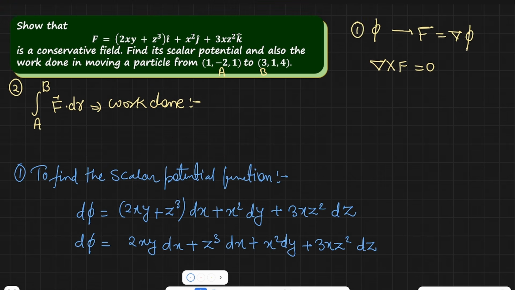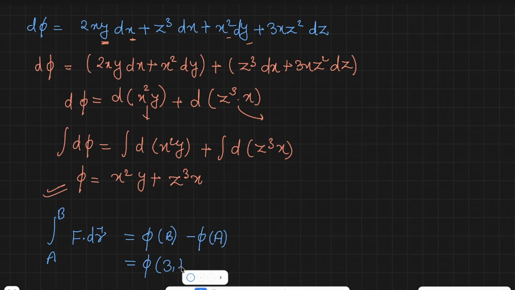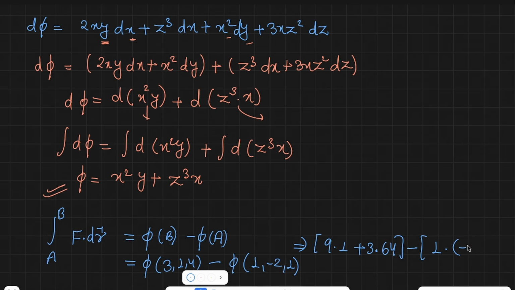So what is your b? It's 3 comma 1 comma 4, minus phi of this, which is 2 comma, I think, 1 comma minus 2 comma 1. When you apply this here, this is going to be 9 into 1 plus 3 into 64. Okay, minus this is 1 into minus 2 plus 1 into 1, that is nothing but 9 plus 192, I think.